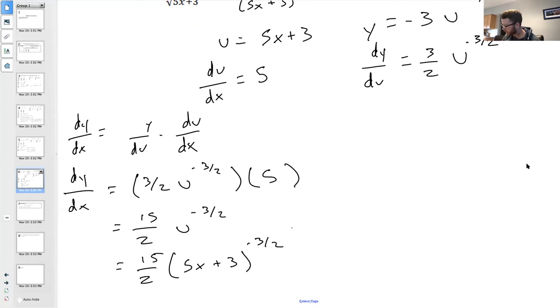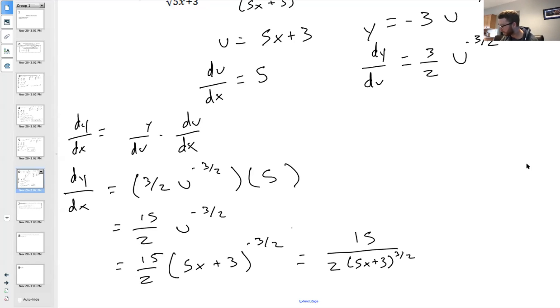All right. Now we have a negative exponent, which we do not like. So we can rewrite that. I'm just going to go to the left here. And we also have a denominator, so we can clean this up a little bit. So 15 will be our numerator over 2 times 5x plus 3 to the exponent 3 over 2. So like we had at the beginning, if we're taking the square root of a number, the exponent is 1 over 2.